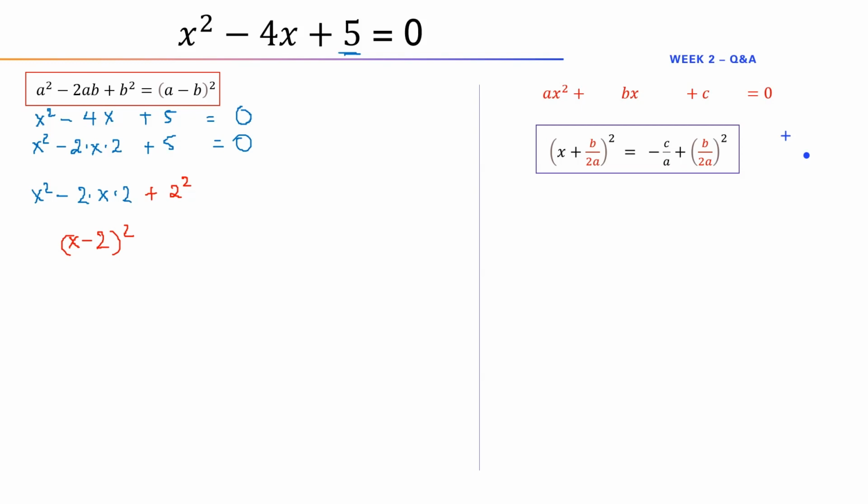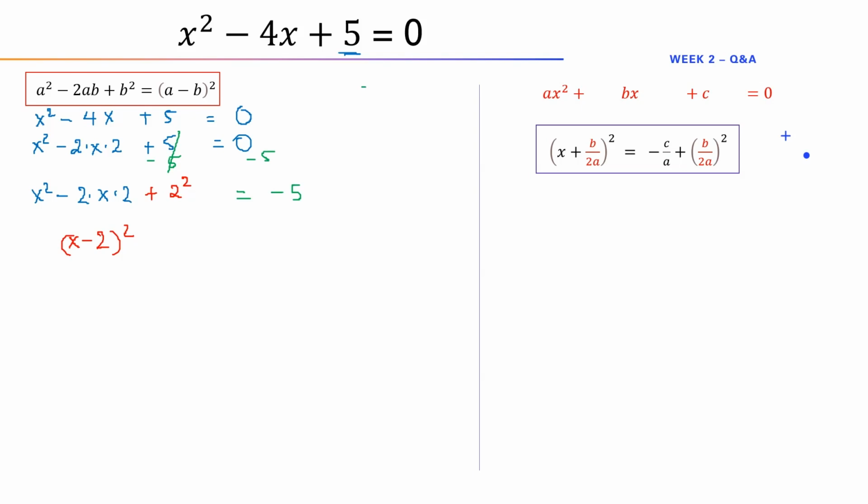But I don't have it, right? I don't have this one. So I will subtract both sides by 5 to move that number to the right. So on the left hand side it cancels out. On the right hand side we have negative 5. Okay. And then you see the red one, I added 2 squared on the left hand side.